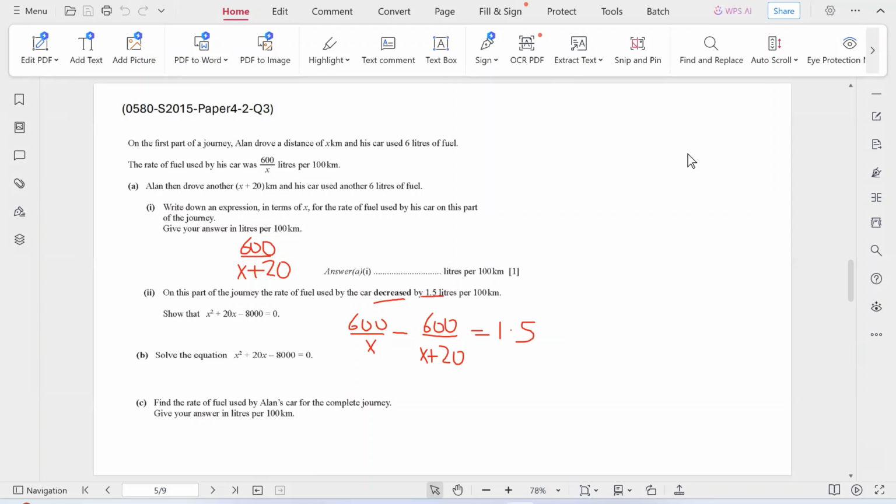Let's rewrite this as a single fraction in order to obtain a quadratic equation. Remember the same butterfly technique we used in the previous problem. 600 multiplied by x plus 20 minus 600 multiplied by x, divided by the two denominators multiplied by each other.